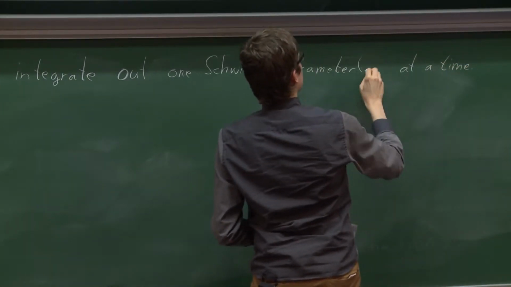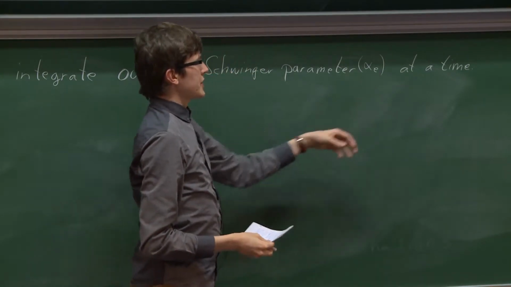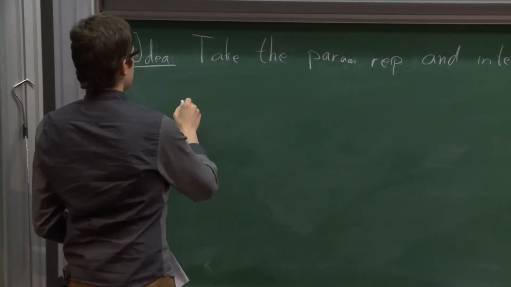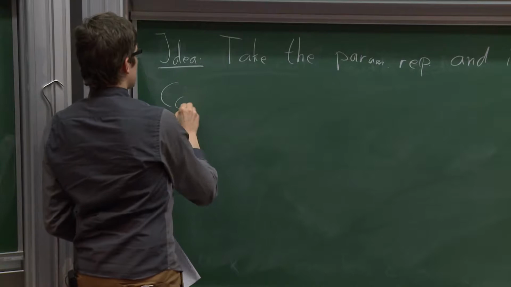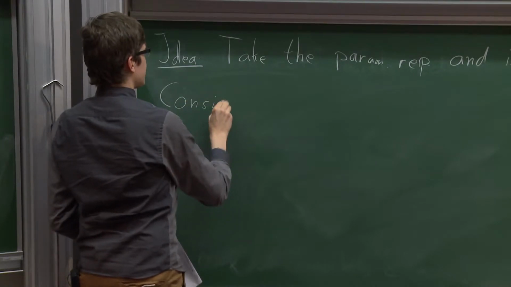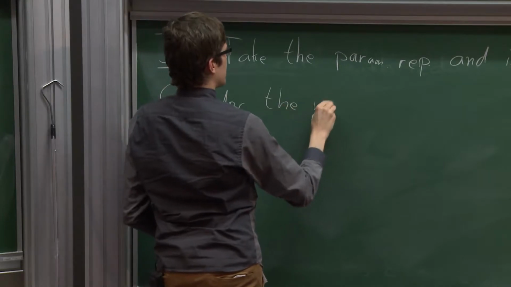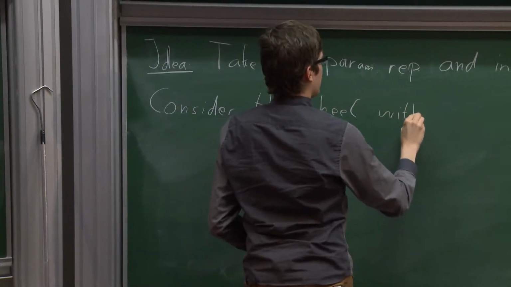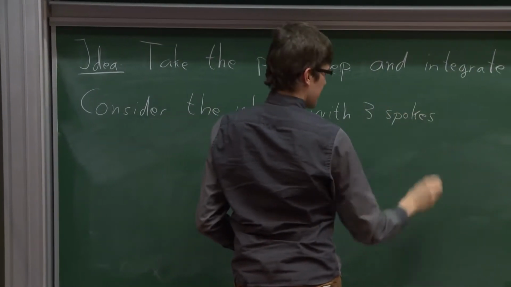Recall that we had parameters associated to each edge of the graph, called alpha_e, when we did the Schwinger trick. And then we had the parametric representation. I will consider an explicit example, the wheel with 3 spokes, which was the first non-trivial example that Francis mentioned in his outlook.